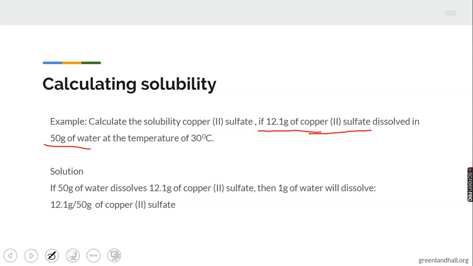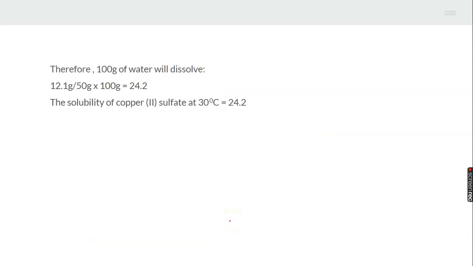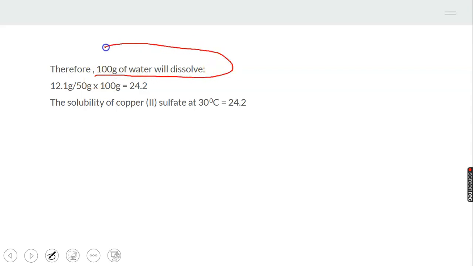So this is how you're going to do it. If 50 grams can dissolve this, that means 1 gram will dissolve 12.1 grams divided by 50 grams. That's for 1 gram. And for solubility of any substance, it must be dissolved in 100 grams. That's the standard.